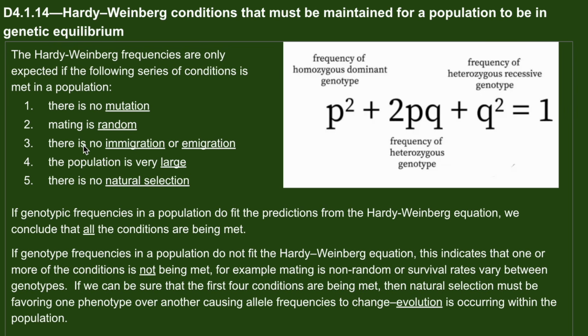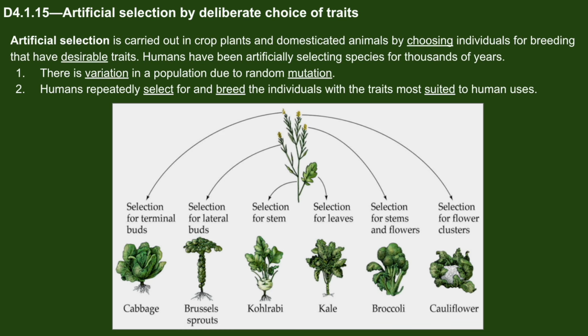Perhaps mating is non-random, maybe survival rates vary between genotypes. If we can be sure that the first four conditions are being met, then natural selection must be favoring one phenotype over another, causing allele frequencies to change, and therefore we can determine that evolution is occurring within the population.